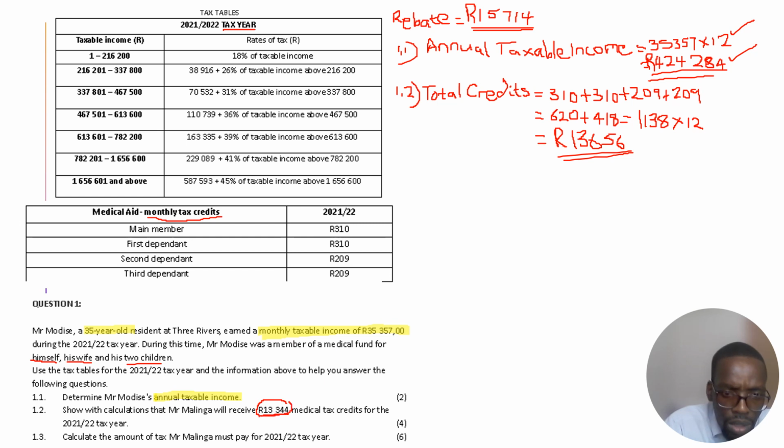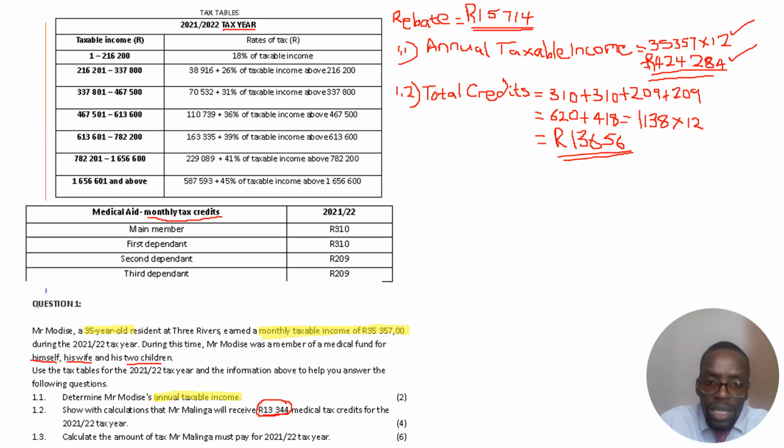Probably there was an errata that I didn't get, but there is a mistake on this question, because we are proving that his medical credits are 13,656 and not 13,344 as purported by the question.